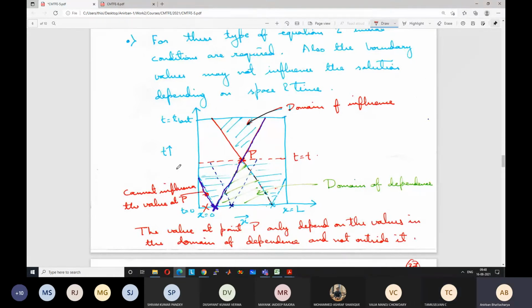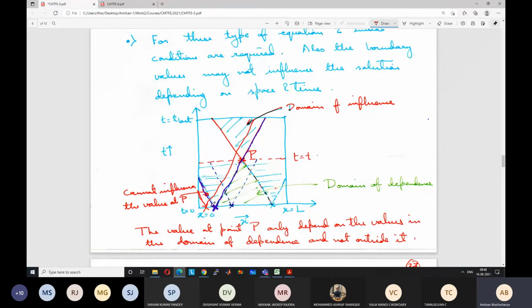What will be the domain of influence? In this direction again, parallel to the previous line, minus Ct, and in this direction, somewhat like this. I hope this is clear. So this will be the domain of influence. It does not engulf the point P, so it cannot influence the point P.